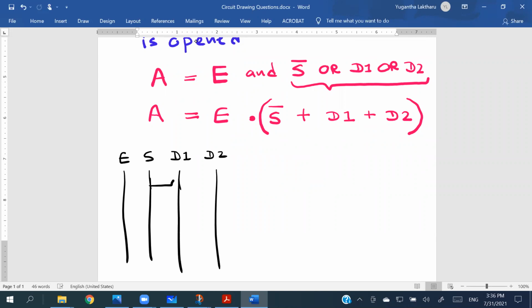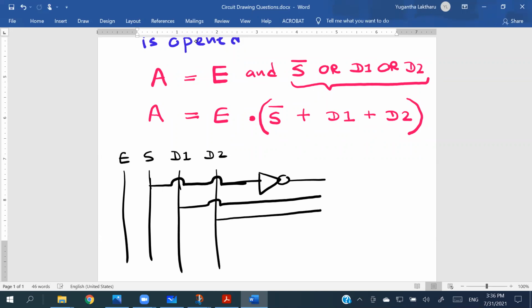So first we have to create the S bar. Right? Then D1 and D2 should be there. So D1, D2, all these things can be sent inside an OR gate. And then we are going to take E.